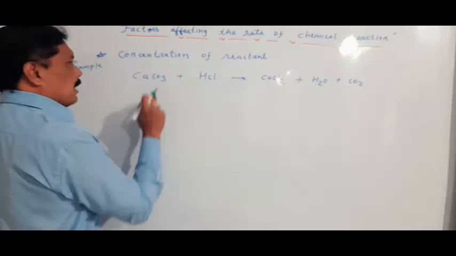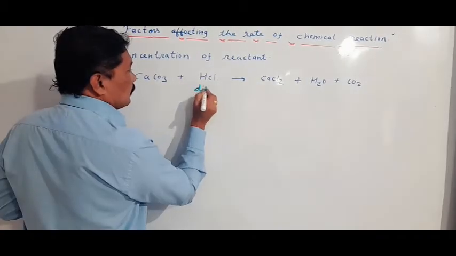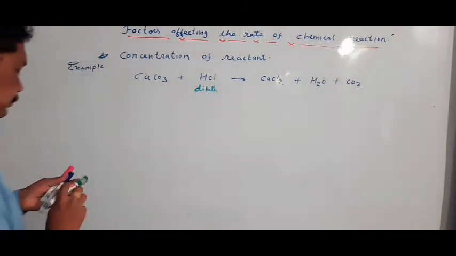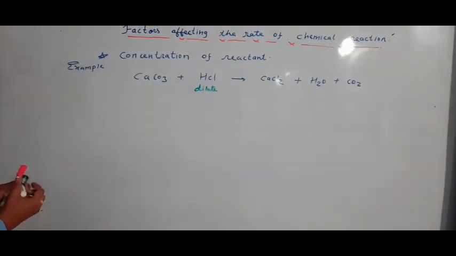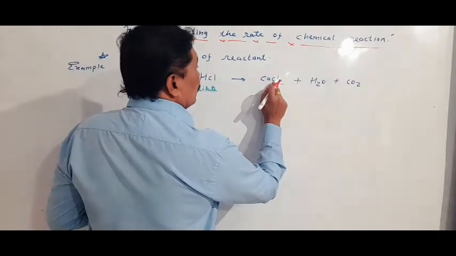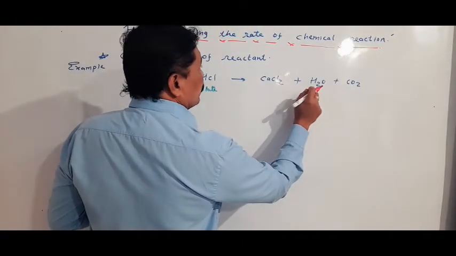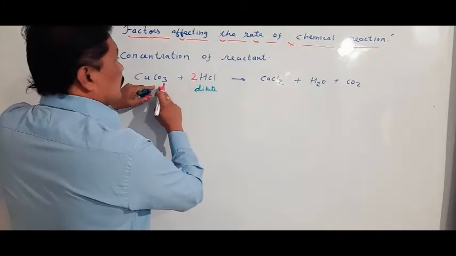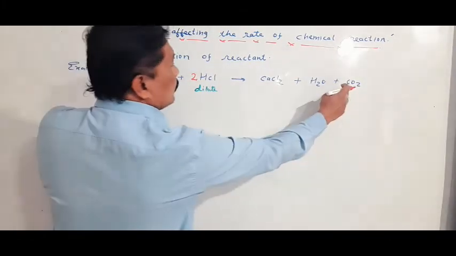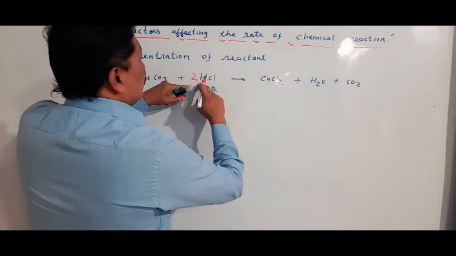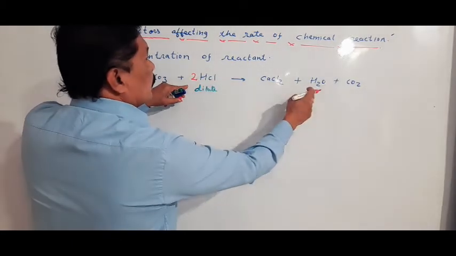Here calcium carbonate reacts with dilute HCl. Balancing: calcium 1, calcium 1, carbon 1, carbon 1, oxygen 3, 2 plus 1 is 3, chlorine 2, hydrogen 2.